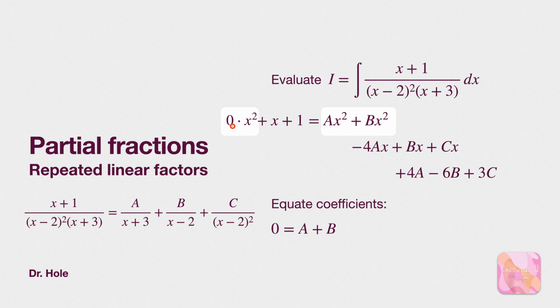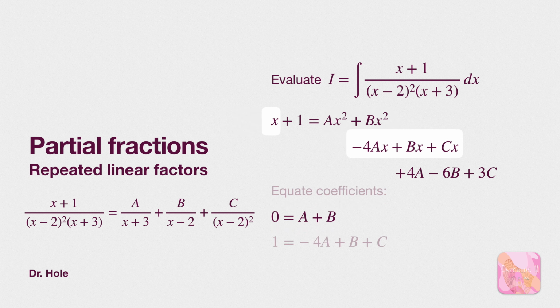Then the coefficient on the left is 0, and the coefficient to the quadratic term x squared on the right is a plus b. That gives us one equation, and these are the coefficients to the x squared terms on the left and right. We can then come up with a second equation by equating coefficients to linear terms.